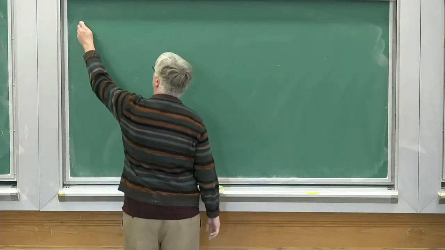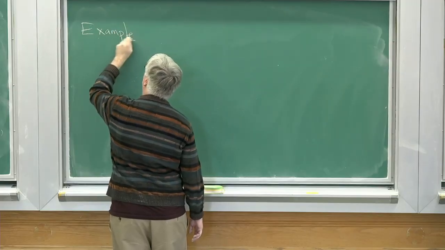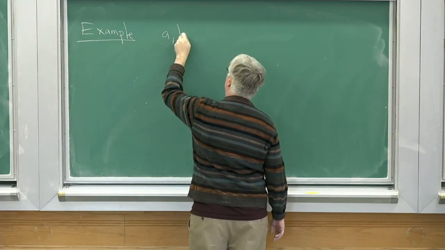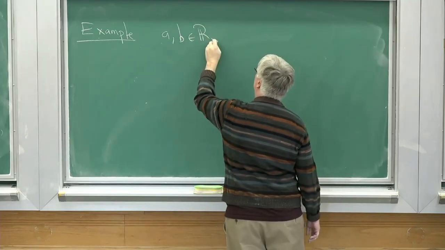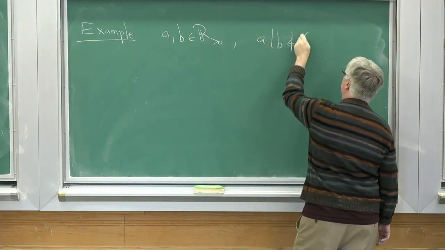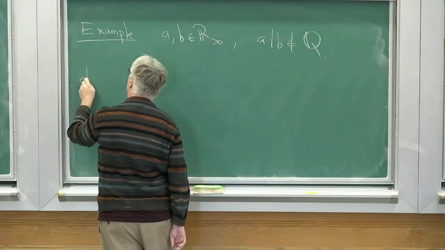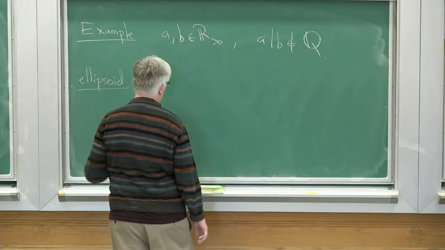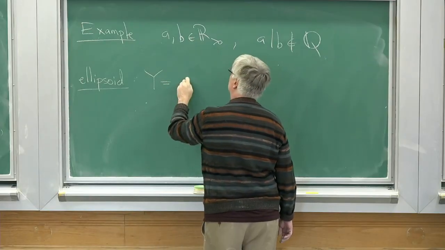So, an example. If a and b are positive real numbers, and a over b is irrational, we define the ellipsoid. This is a three-dimensional ellipsoid in four-dimensional space.